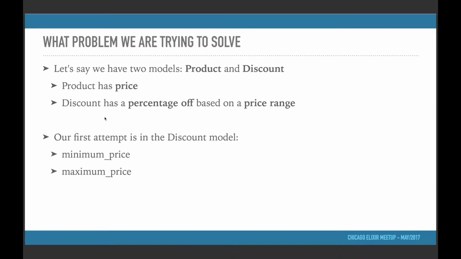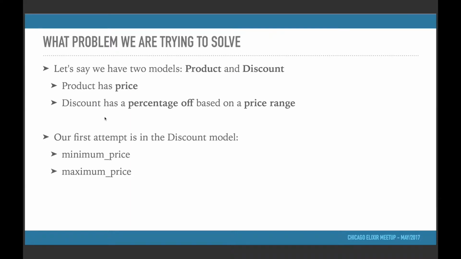The problem is that the way I'm modeling this is not appropriate, because I'm not reflecting what a price range is. Price range is one thing, and having minimum price and maximum price is another thing. Sometimes you can hack on that to get some usability to fetch a price range, but it's not what you want.